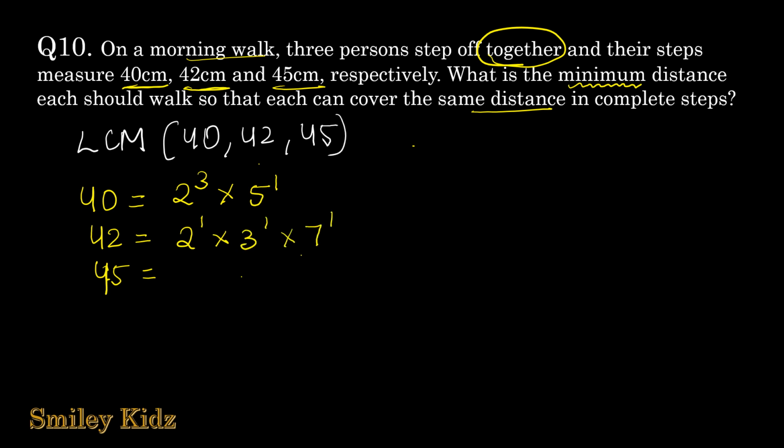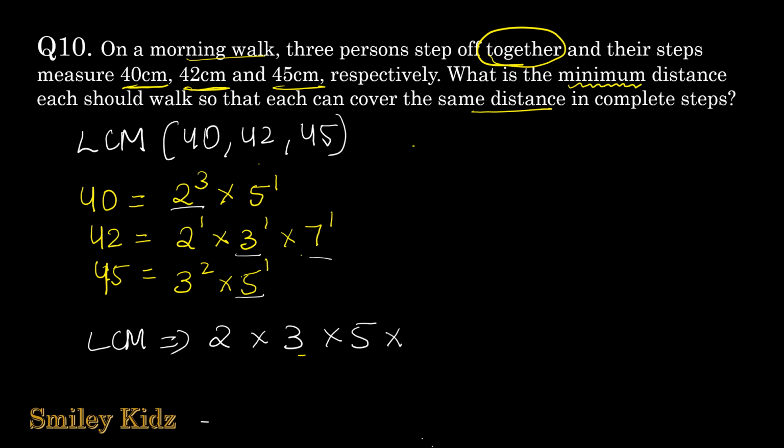Then for 45, we have 3 square into 5 to the power of 1. We know the prime factors now. We're going to just find the LCM. So LCM will be equal to the product of greatest powers. So 2, 3, 5 and 7 are the numbers which are there.